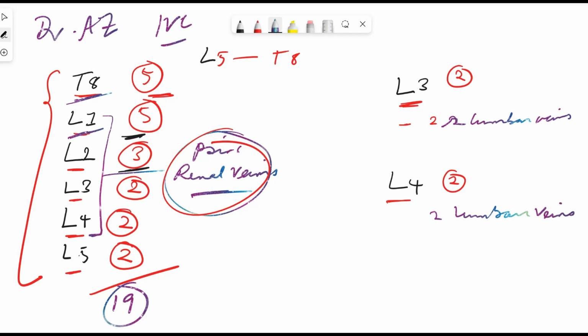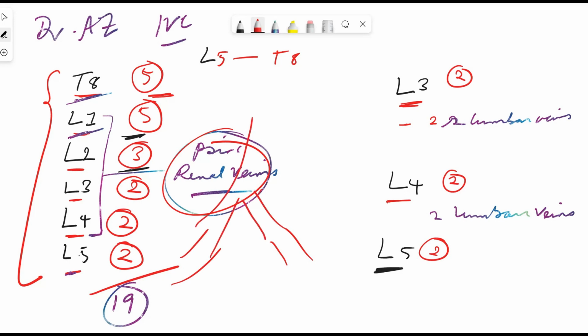Now remains only L5. At the level of L5 there are no lumbar veins, as you know. So what are those 2 tributaries? Actually this is the easiest point for most of you, that the inferior vena cava originates at this level. Here you join those 2 veins, you already know them, right?